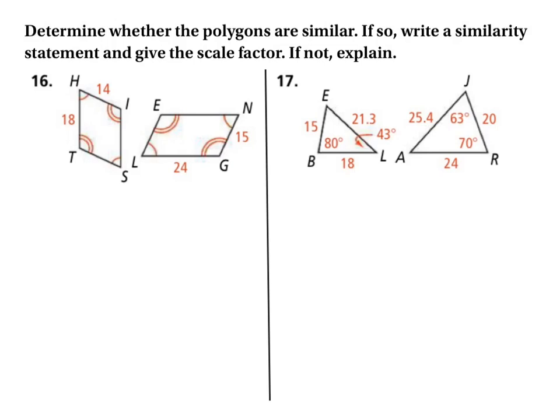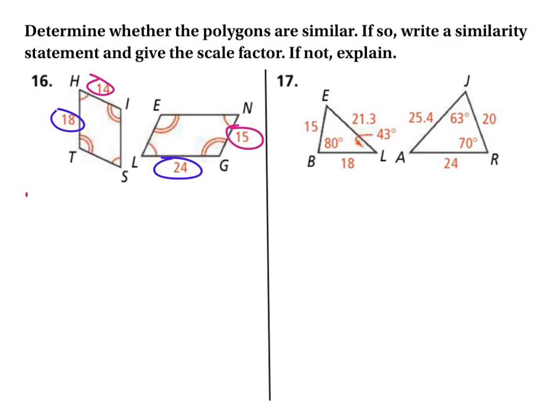So I'm going to mark here. You can see that there's a short side of each one of these figures, and there's a longer side here and here. So I'm going to set those up, and we're just going to test them.